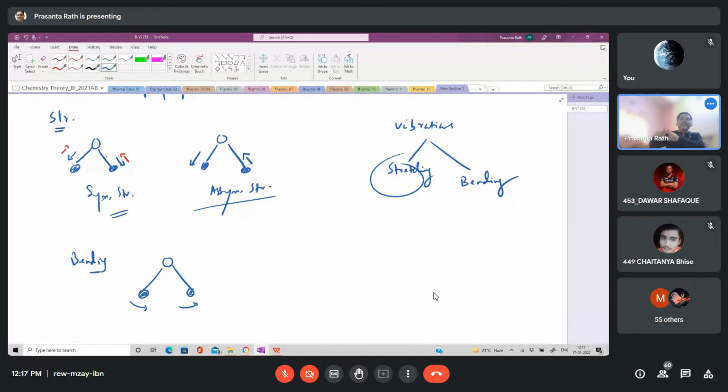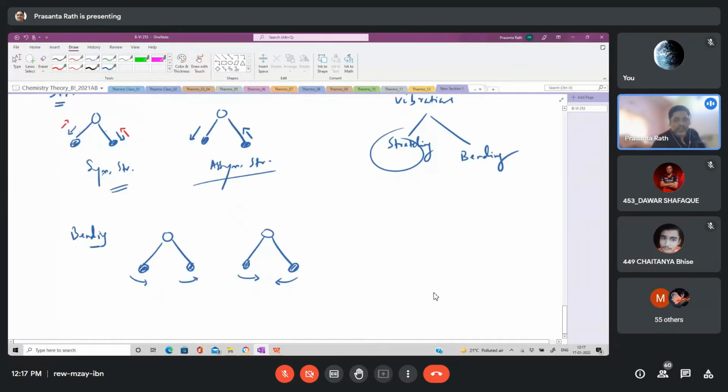You see, this is something like oscillation, and both are moving in the same direction, left and right, but both are going in the same direction. That is very, very important. And another possibility is there where they will move towards each other. That means like this, towards and away, just like scissor movement.